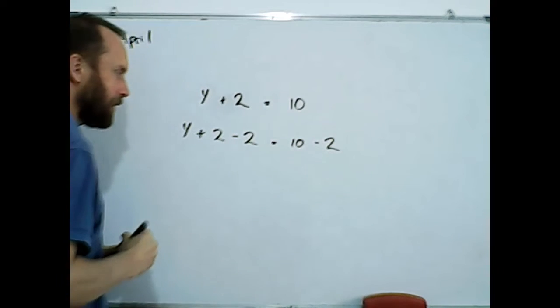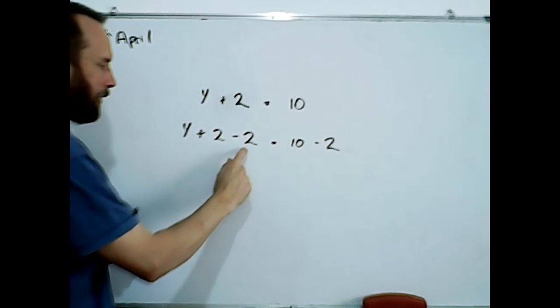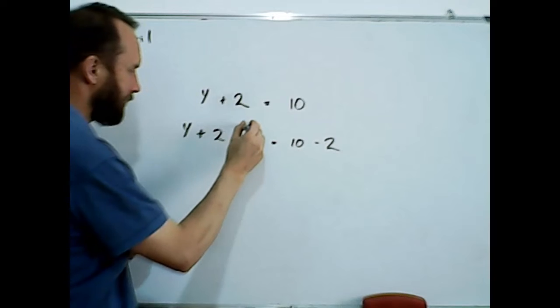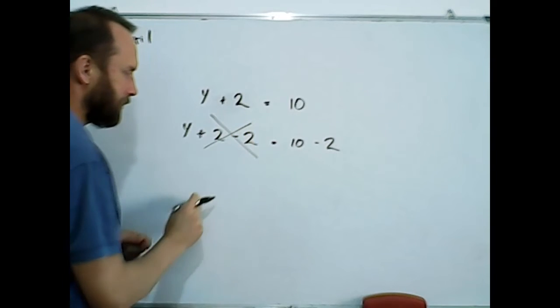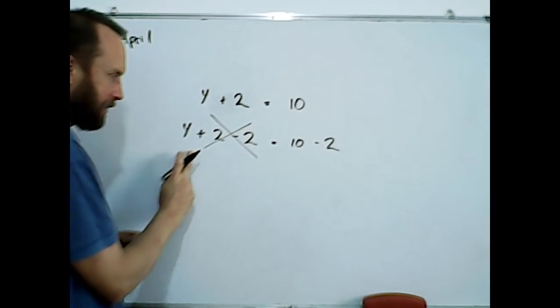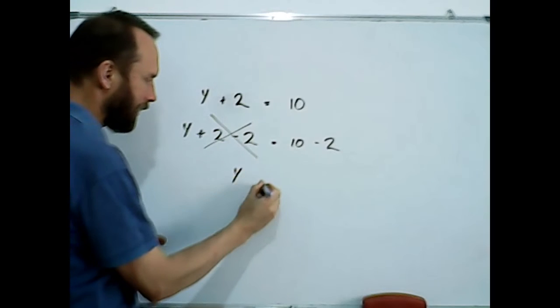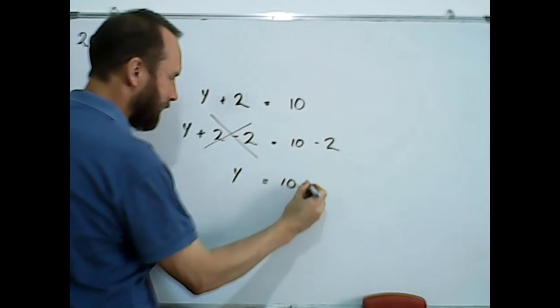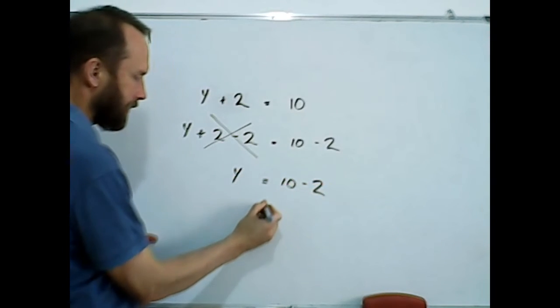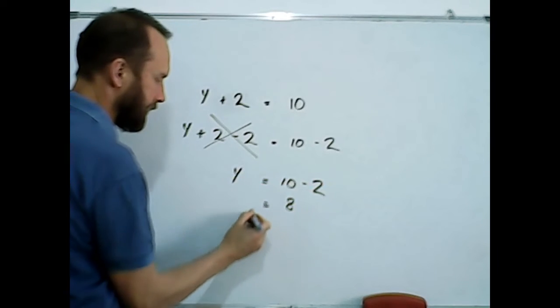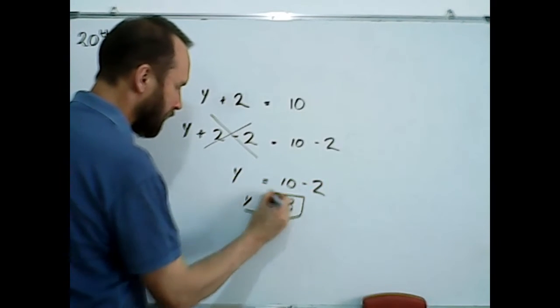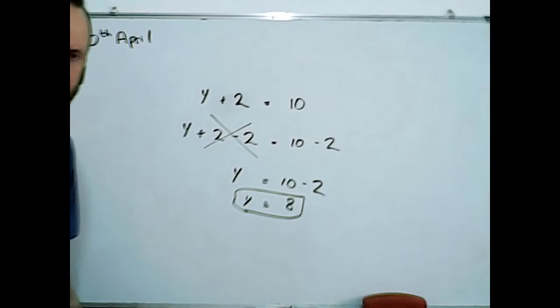So I've got y plus 2 minus 2 equals 10 minus 2. I cross these out because these cancel out to 0. So I've got y equals 10 minus 2, which is 8. So that's our answer: y equals 8.